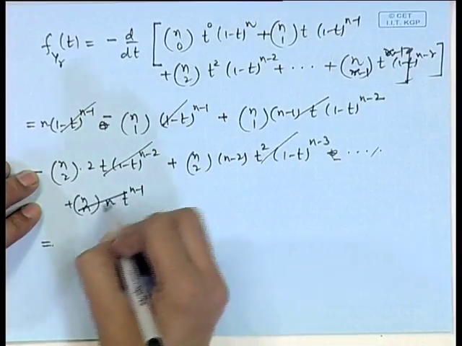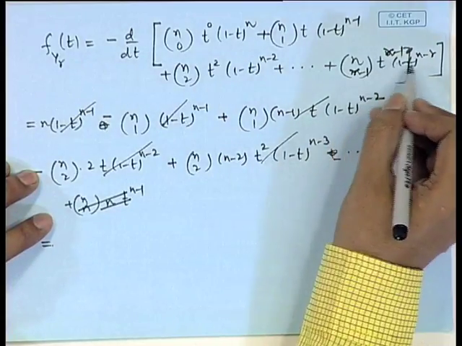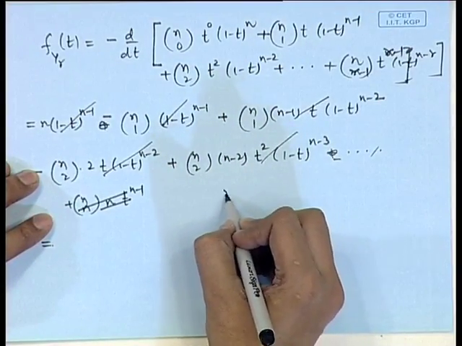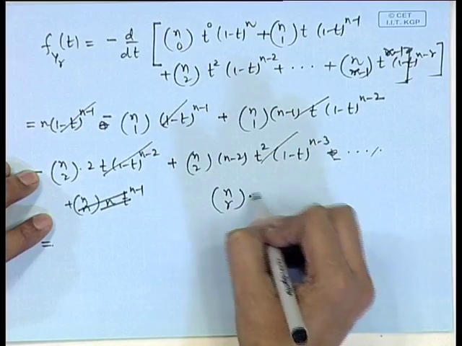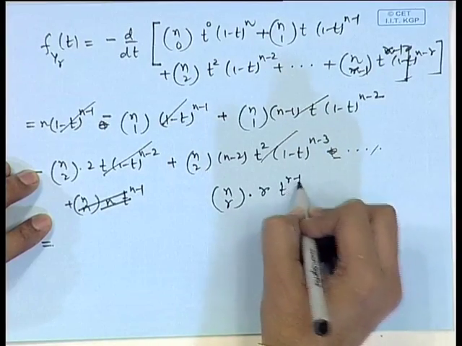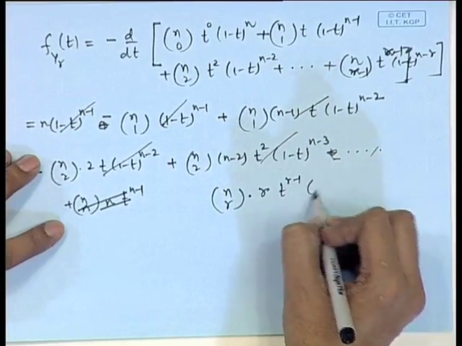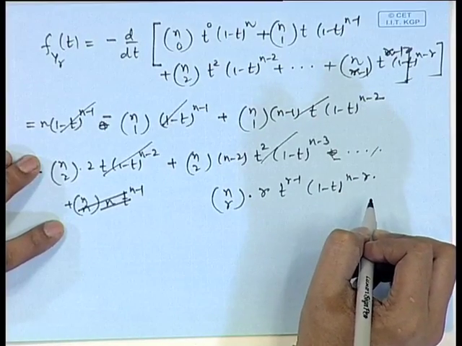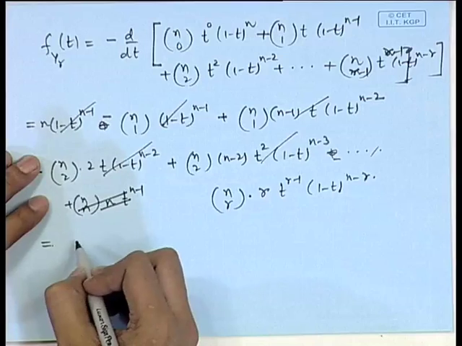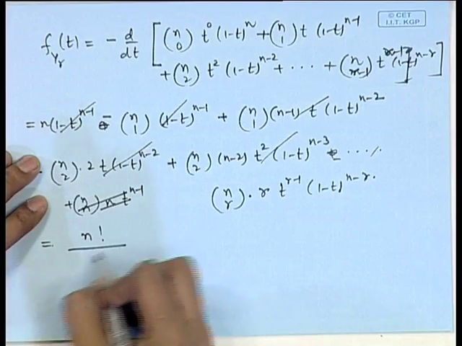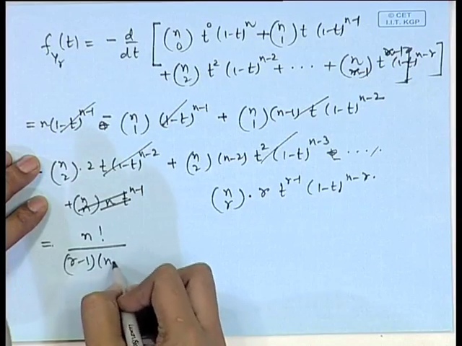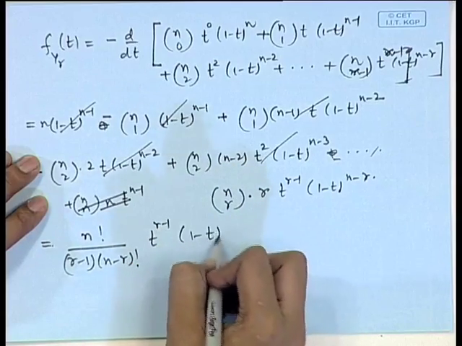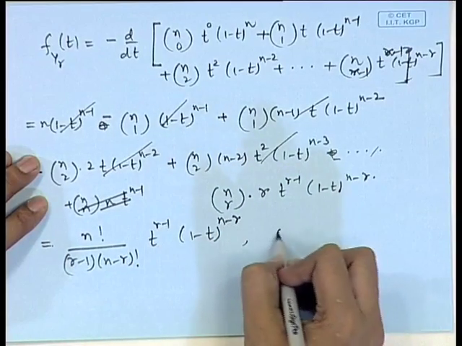So, this we wrote wrongly, here the last term will give us n c r r t to the power r minus 1, 1 minus t to the power n minus r, that is equal to n factorial divided by r minus 1 factorial n minus r factorial, t to the power r minus 1, 1 minus t to the power n minus r.